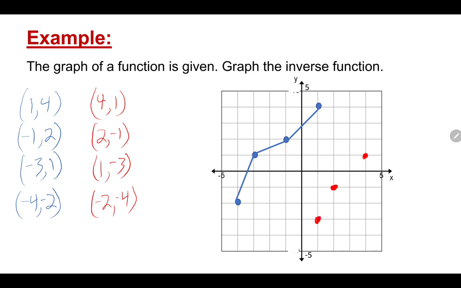And at negative 2, we're down at negative 4, which is way down here. We try to connect these as best we can. And if we were to put a line there, we should be able to see that that looks like, there we go. Looks good. So we've graphed the inverse function.